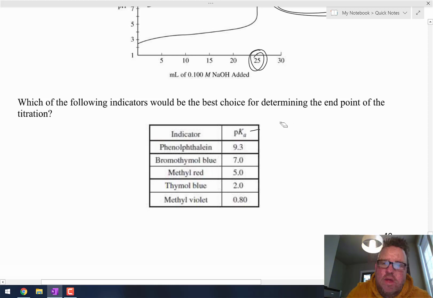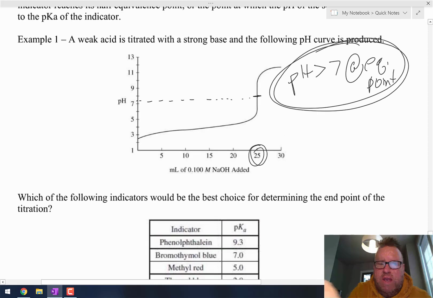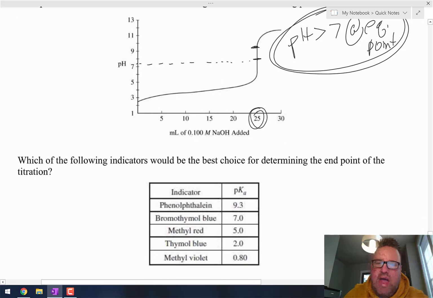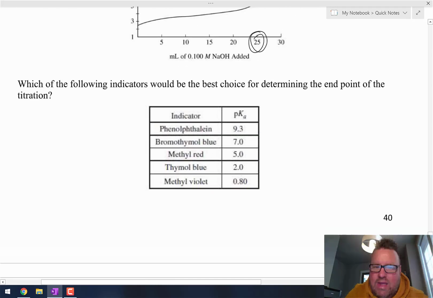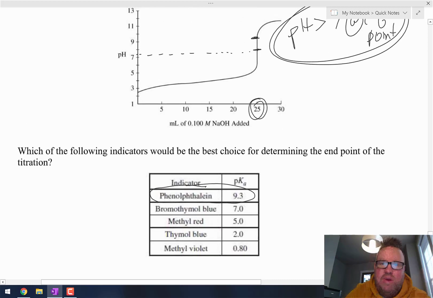If the equivalence point didn't happen until up around the 9 area, then the pH at the equivalence point would be close to 9, and we would want to choose an indicator whose pKa is close to 9, and therefore phenolphthalein would be a good one. Let's say we did a different one.